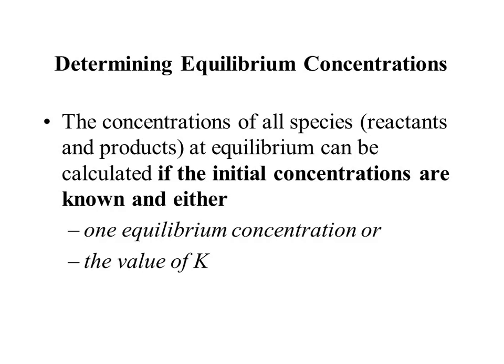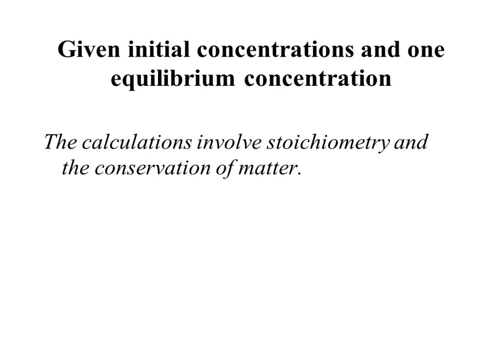The other one, which we'll do on Wednesday, is if you are given the initial concentrations of everything and the Kc, the equilibrium constant, you can come up with equilibrium concentrations. That one will involve potentially the quadratic equation, which I know some of you probably love. Okay. So this is the one we're going to do today.